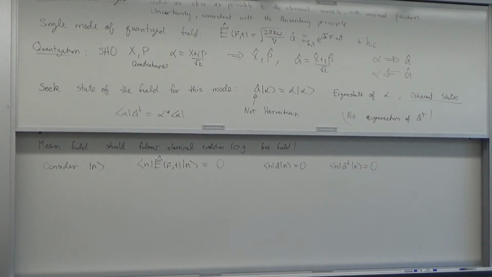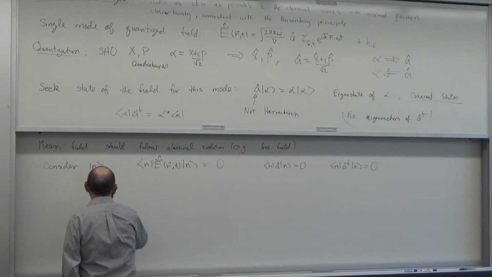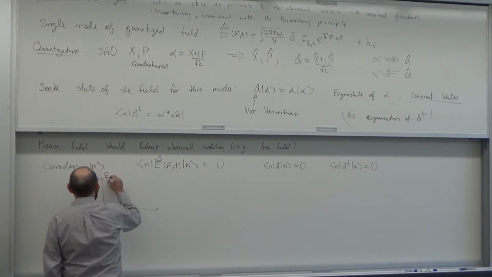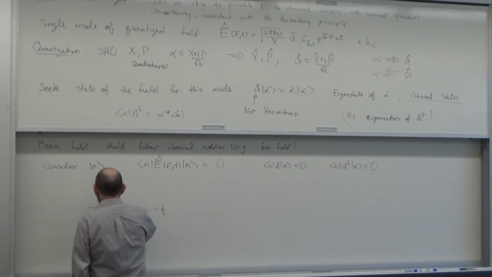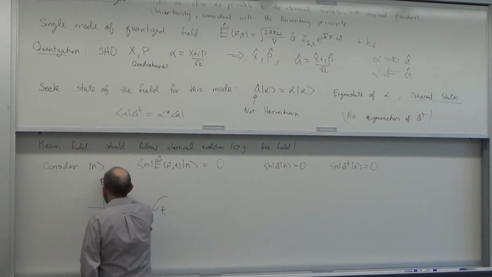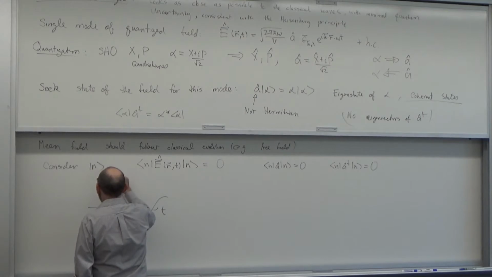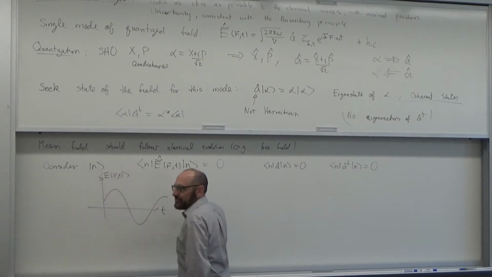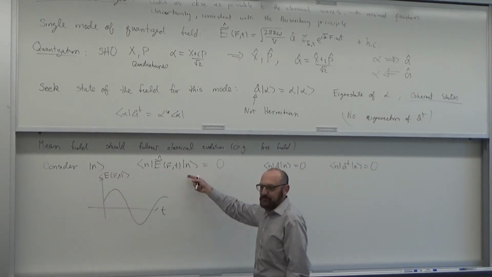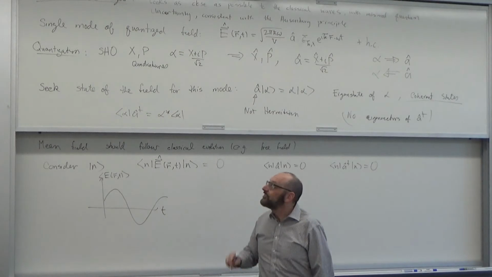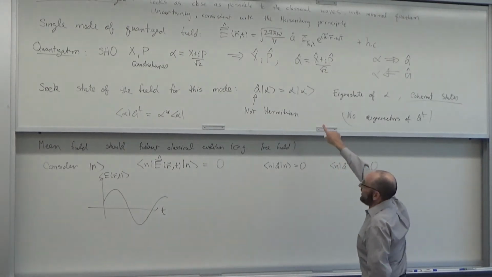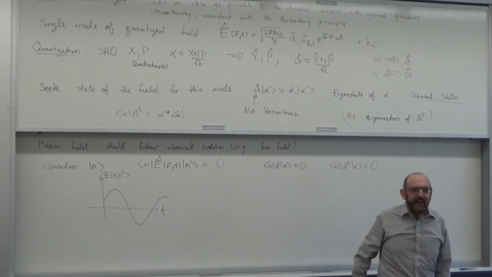So this is not going to follow something that looks like what we'd expect if I were to look at, say, the electric field, forget about the vector nature, as a function of time. What I should see is the mean field I expect as a function of time at some fixed position should look like this. And this doesn't do that. But this coherent state does.